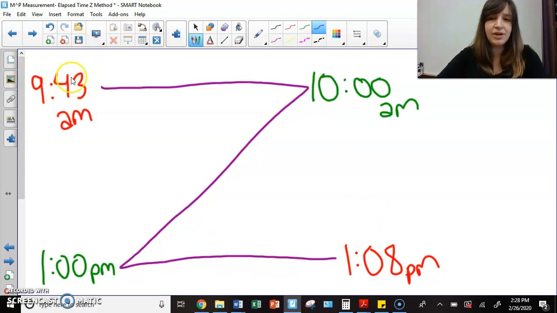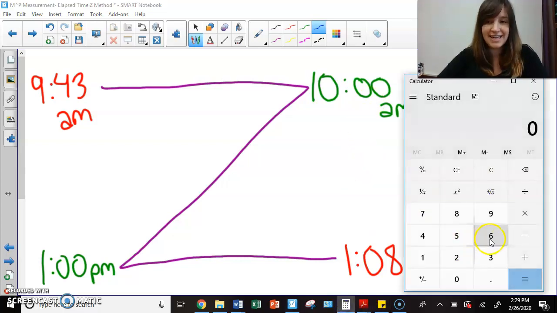So from 9:43 to 10 a.m., we need to figure out how many minutes have passed. Well, in this case, there are 60 minutes in an hour, okay? So I'm going to do a subtraction problem, and I'm going to take the number 60, and subtract the number of minutes from my hour over here.